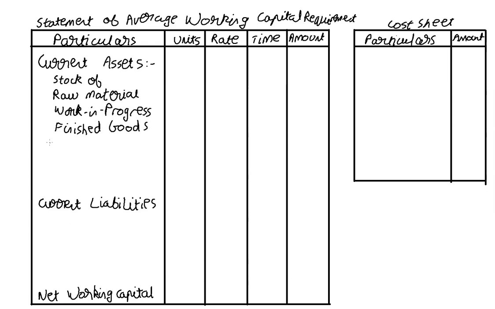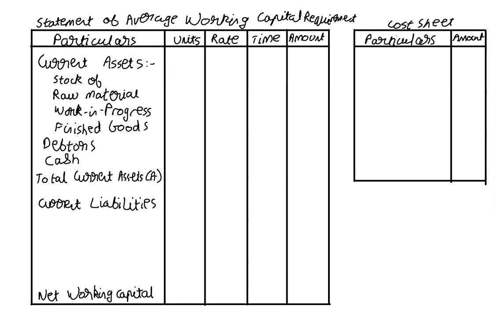Apart from that, we normally have debtors and cash. Keep in mind, there may be any number of other current assets if they're mentioned in a question with some period of time. Only then they'll be included in this list. Most of the time, these are the items for current assets. So once we're done with them, we get total current assets, which we will take as A.